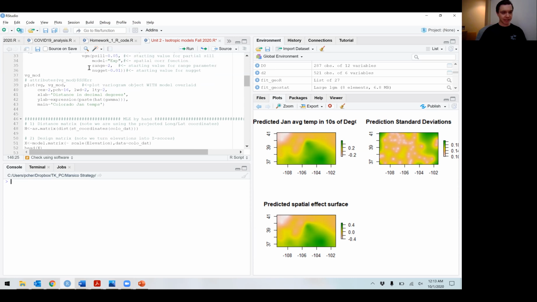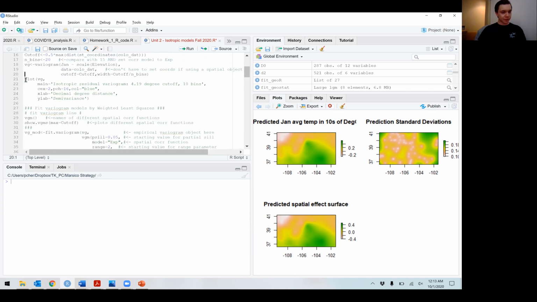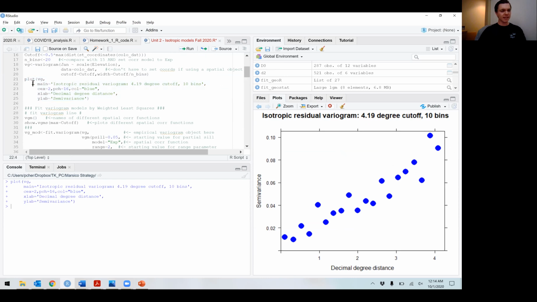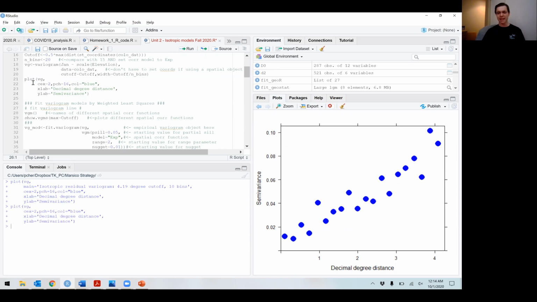I want to close today by going back to the variogram. I've changed the cutoffs already a bunch of times, so don't pay attention to my label there. I am able to fit a variogram model to this that will give me an estimate of the partial sill, the nugget, and the range, just like the likelihood-based models.